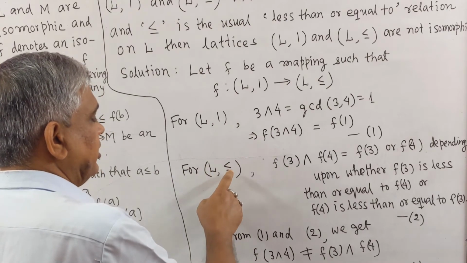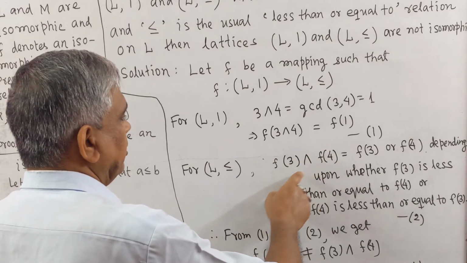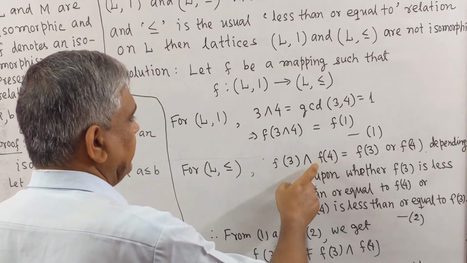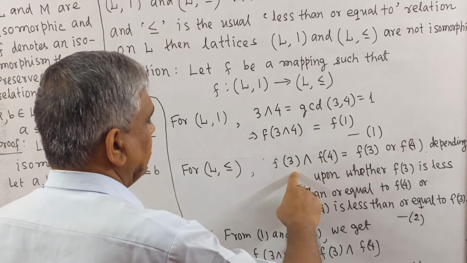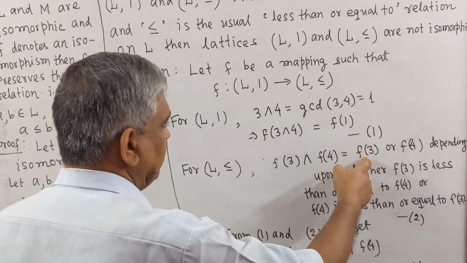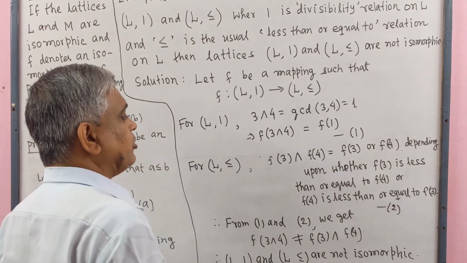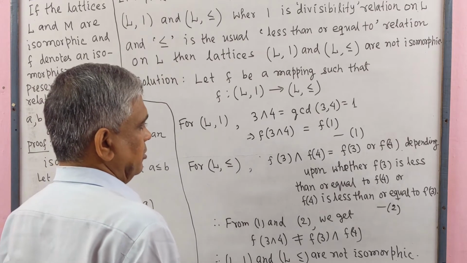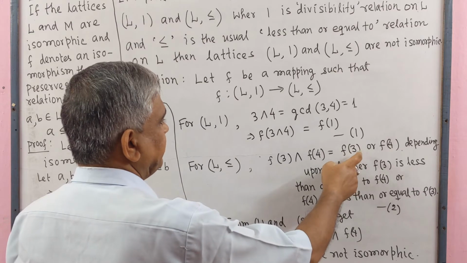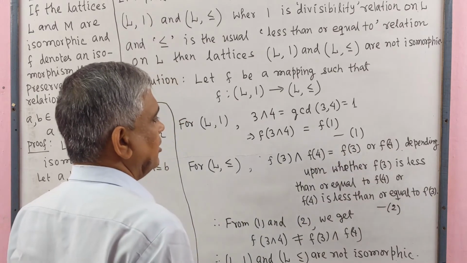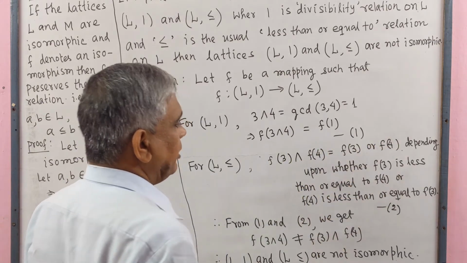The relation is less than or equal to, so we get the least element in this case. The least element will be f(3) or f(4) depending upon whether f(3) is less than or equal to f(4). This equals f(3) if f(3) is less, and equals f(4) if f(4) is less.